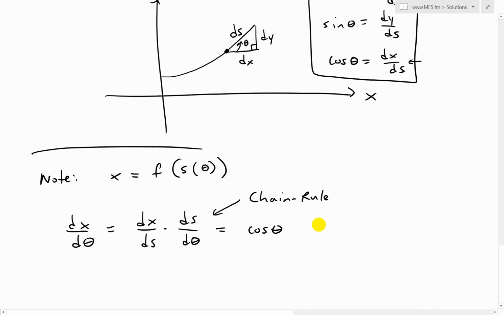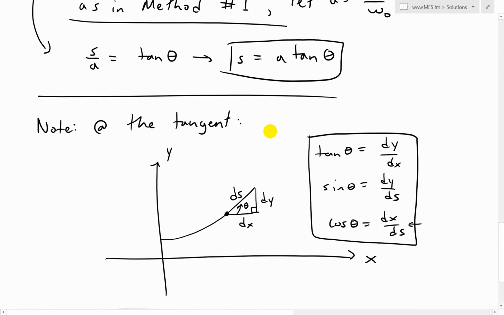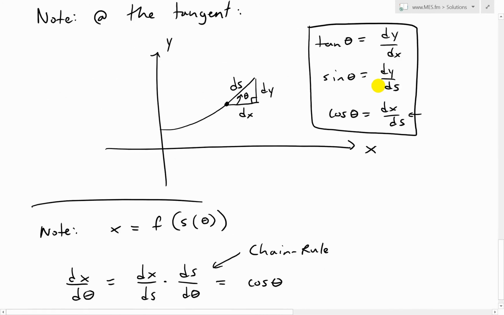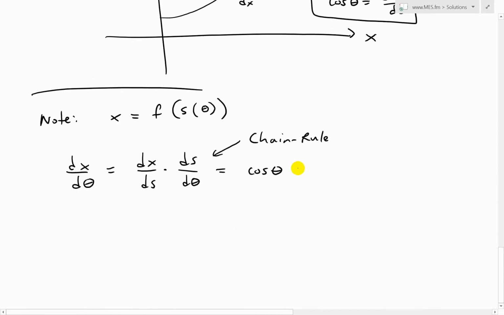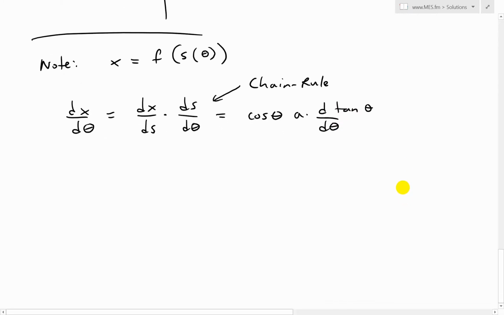And now the derivative ds over d theta, that's the derivative right here. So I'll take the a out, just a constant, d of tan theta over d theta, like that. If you recall from my earlier video, the derivative of tan is just secant squared. So this equals cosine theta times secant squared theta, and I forgot to put that constant a there.